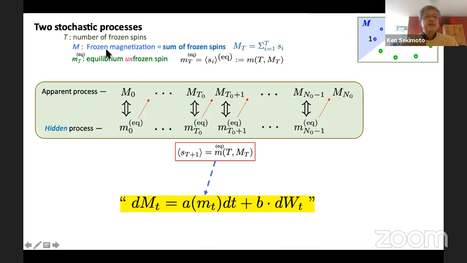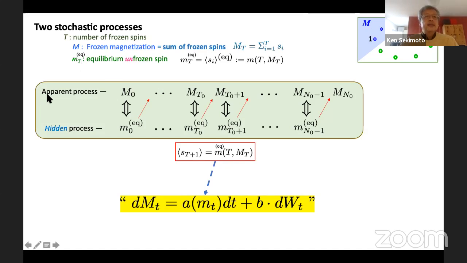In this model, we can find two stochastic processes as functions of time, which is the number of frozen spins. One is the apparent stochastic process, capital M, the frozen magnetization, or the sum of the frozen spins. But the other stochastic process is the equilibrium unfrozen spin.